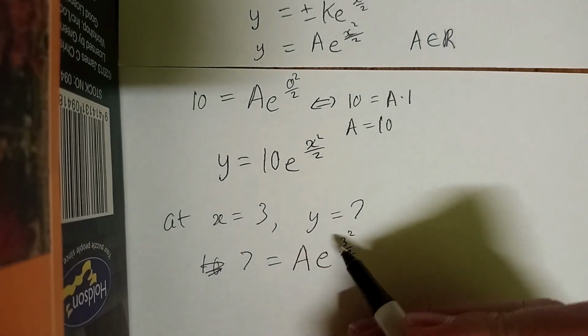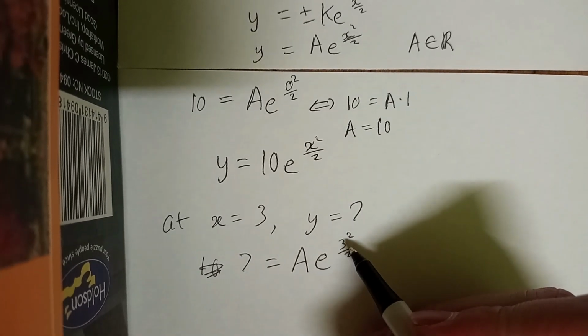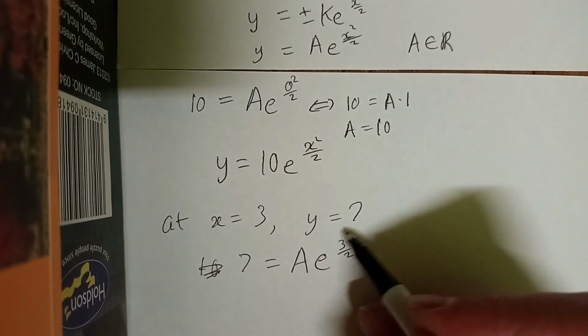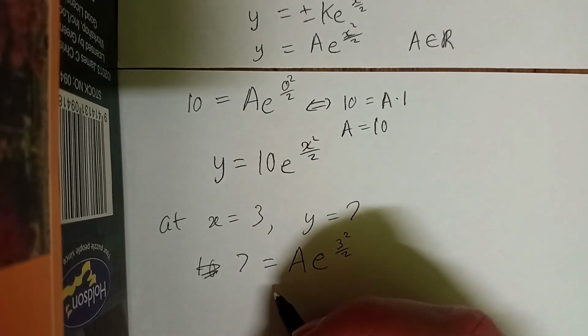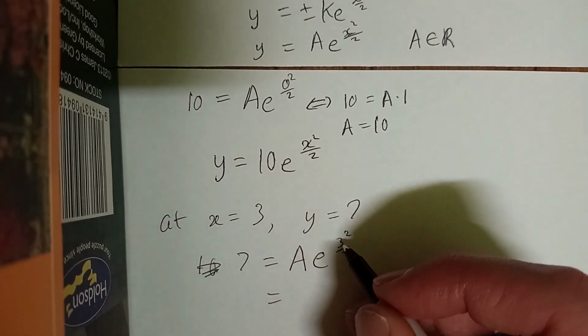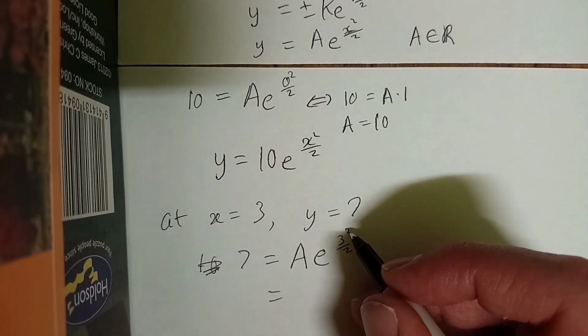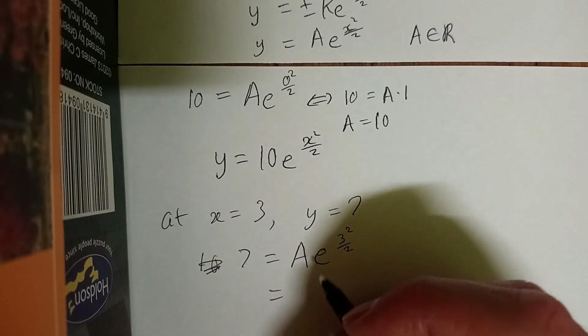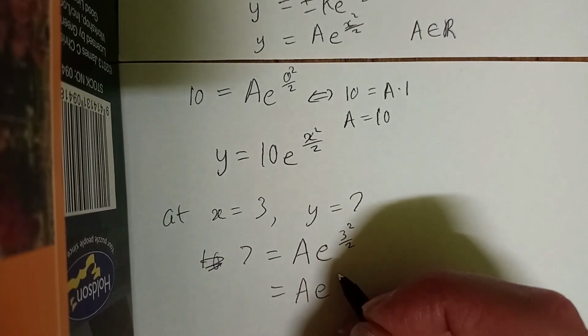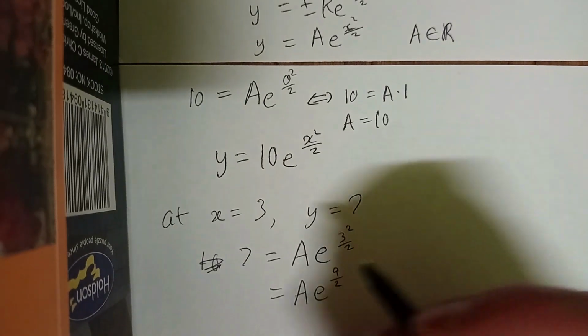And now we don't have e to the power 0, we've got e to the power some non-zero number, which is actually 3 squared over 2, that is 9 over 2, or 4.5.